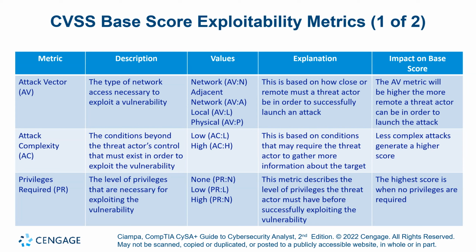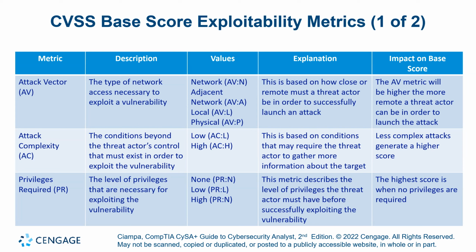Attack complexity, the conditions beyond the threat actor's control that must exist in order to exploit the vulnerability. There's low and high. This is based on conditions that may require the threat actor to gather more information about the target. Less complex attacks generate a higher score. So this is those inverse ones.